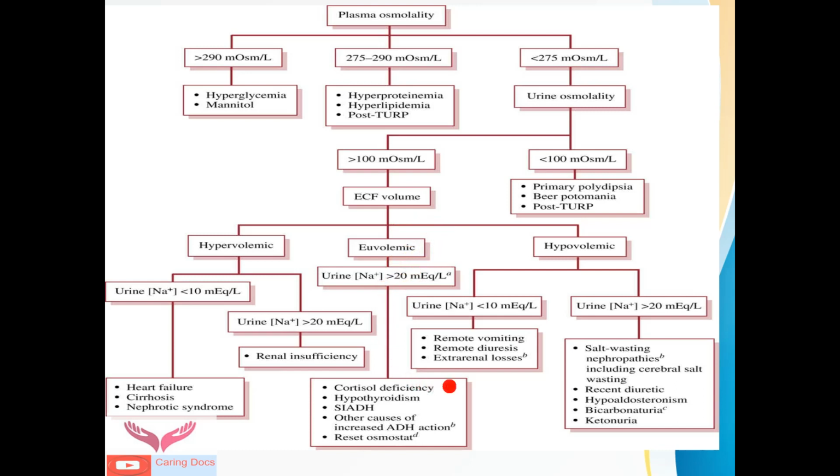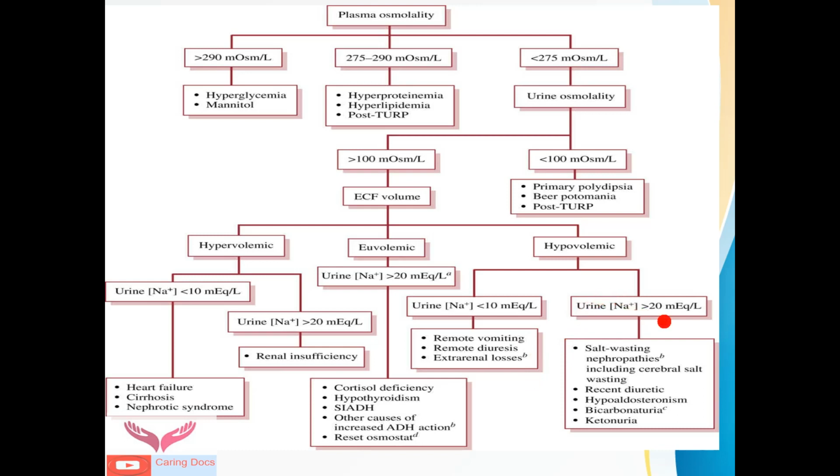So we have to rule out cortisol deficiency, or we can say adrenal insufficiency, hypothyroidism, SIADH, other causes of ADH action. And if the patient is hypovolemic, again check the urinary sodium. If it is less than 20 or less than 10, this is a case of extra renal causes like vomiting, diarrhea, patient on diuretics, extra renal losses.